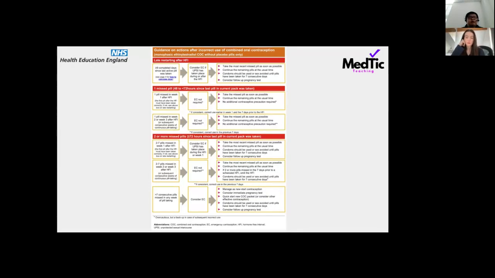But if you want to read it in more detail, you can always go on to the FSRH's website, where you can find not only the chart, but some more detailed explanations of guidelines that are up to date in the UK. They're really user friendly as well on the website. You can open up leaflets and things like that of the guidelines, and I've found them really user friendly before.